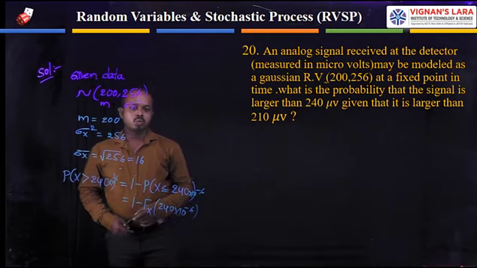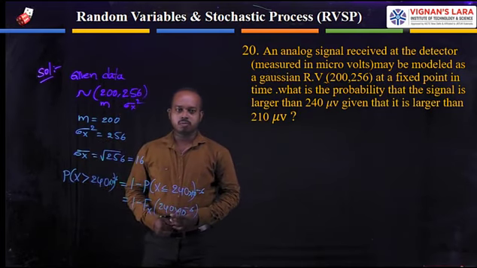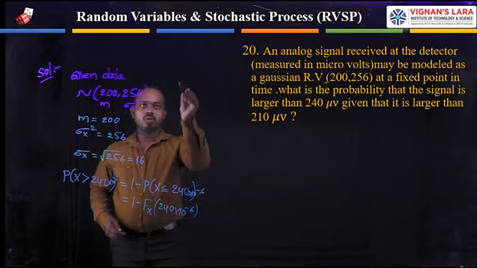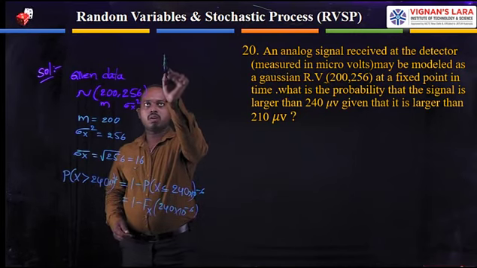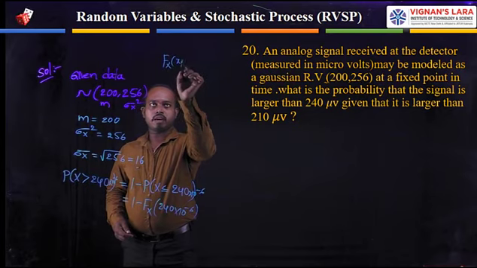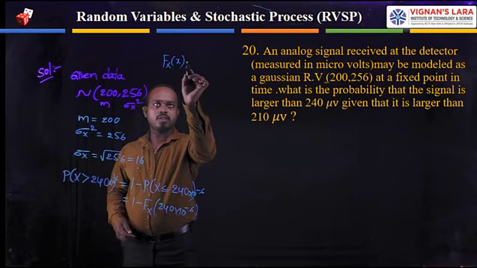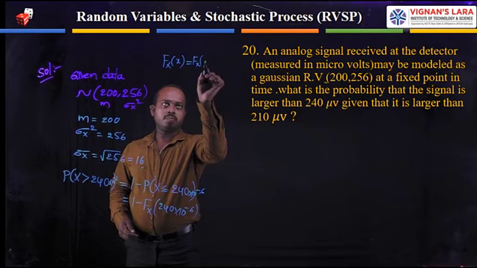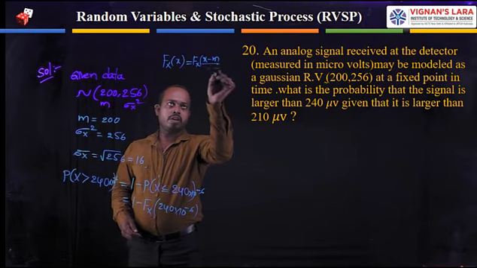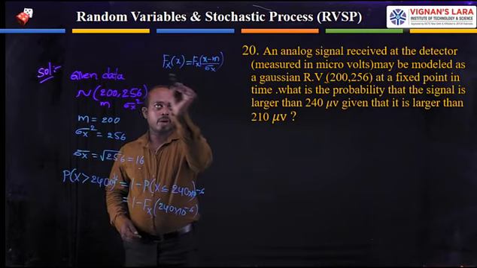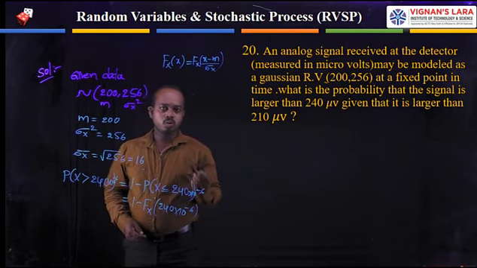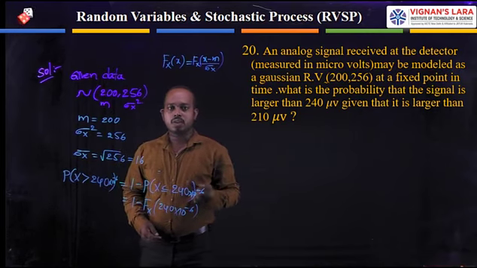Now we need to take the value of the Gaussian distribution. You already know the Gaussian distribution quantities. F of x is equal to F of (x minus m) divided by sigma x. By using this formula, we are able to find the value of the Gaussian transformation.